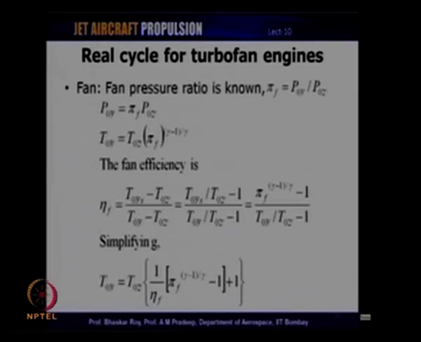So, fan efficiency we know is defined as (T03 prime s minus T02 prime) divided by (T03 prime minus T02 prime). If this is the efficiency, we can now relate the efficiency to the pressure ratio, which is pi f raised to gamma minus 1 by gamma, minus 1, divided by the temperature ratio.